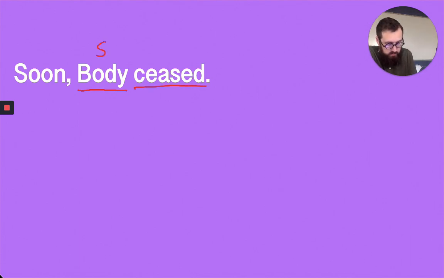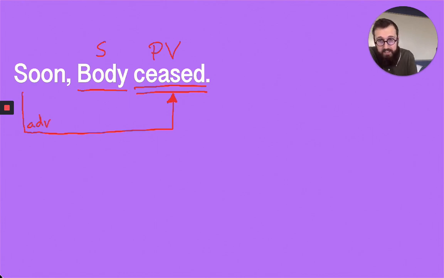He ceased. So that is my predicate, and it's a verb, so it's going to be a capital PV on the top. And then I do my modifiers. When did body cease? Soon. It is an adverb because it's modifying the word ceased, which is a verb.